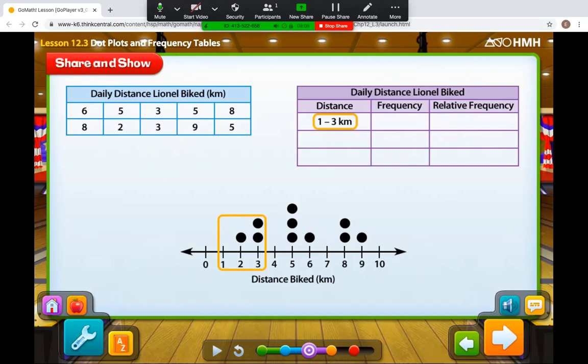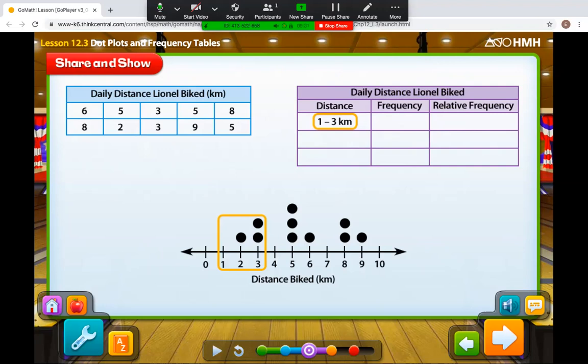In the first column, we list the intervals. In the second column, we count the number of data values in each interval. And in the third one, we will do the relative frequency, which is dividing each frequency by the total number of data values. Let's go step by step.